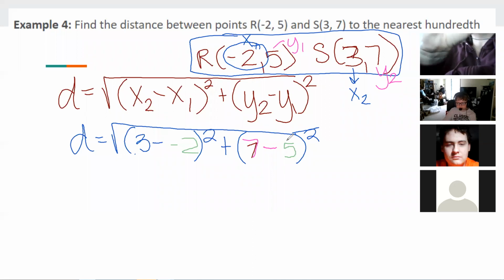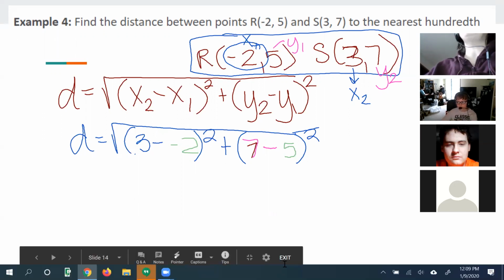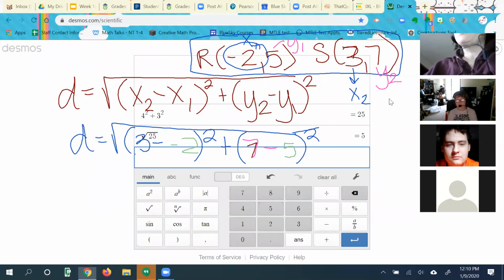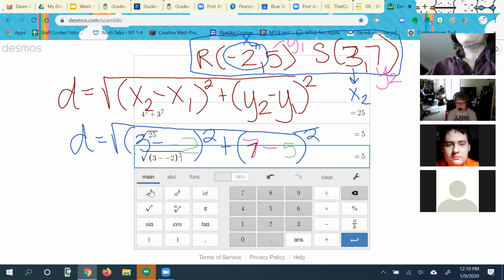We could completely go to Desmos and type all of this in. You just have to be careful to type it just how it's written. So we would type in the square root, and we're going to use parentheses, (3 minus -2) squared plus (7 minus 5) squared.